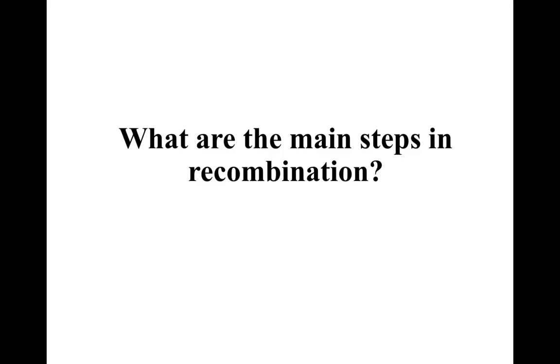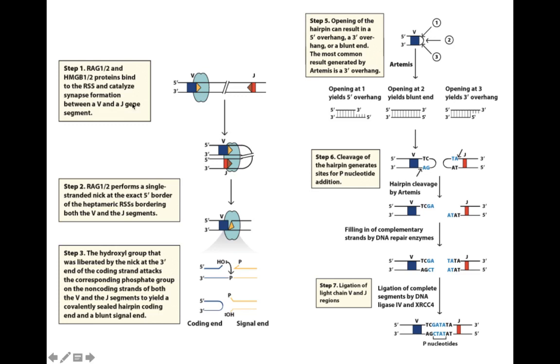What are the main steps in recombination? The RAG proteins are able to locate a particular V and a J, in this example, bring them together and cut one side of it, ultimately giving you a hairpin on one side, and then this one will go and reconnect with the other part that's cut off. Then at this hairpin you get the endonuclease Artemis, which can cut in one of 3 different ways.